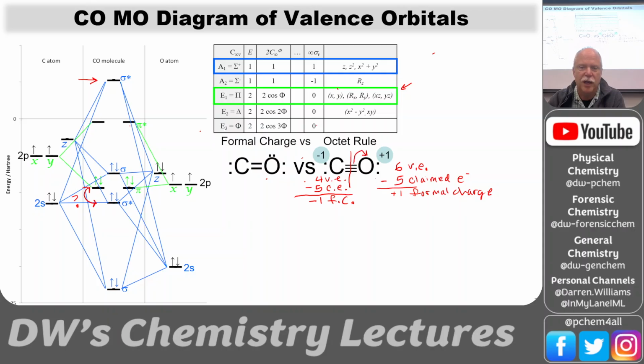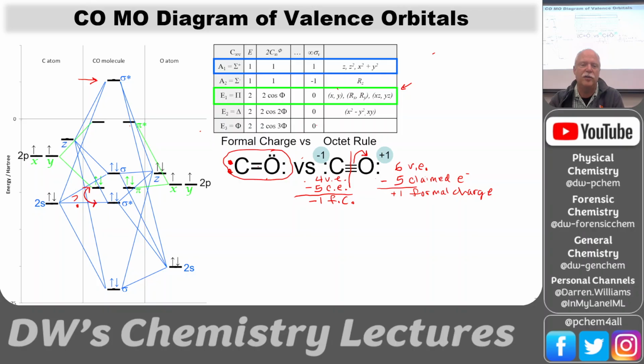So a lot of times in our freshman courses, we don't do carbon monoxide, because when we start talking about formal charge, then we end up with this molecule here, which does not have an octet for the carbon or the oxygen. Carbon has 2, 4, 6. If you're calculating whether it has an octet, it counts 2 electrons per bond.